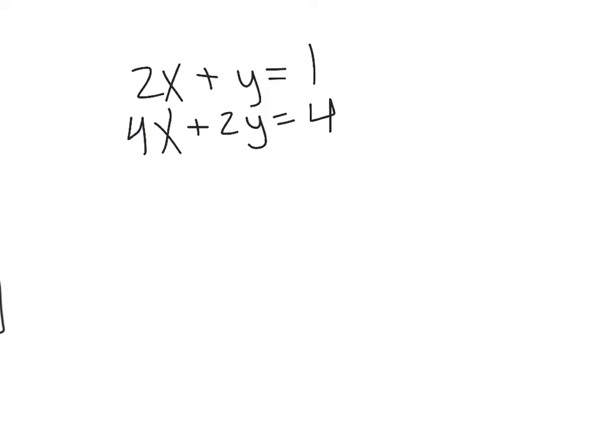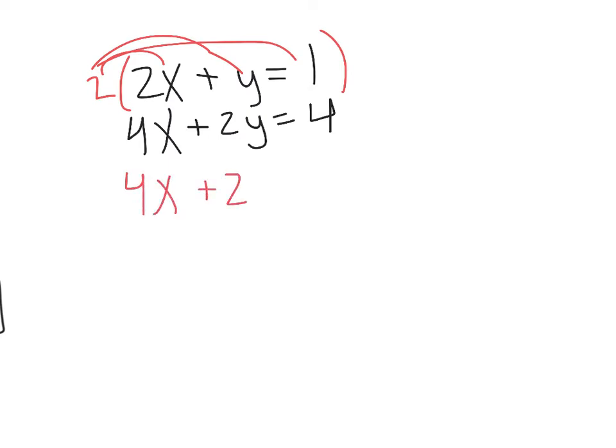So I'm going to multiply this top equation by 2, and my new equation is going to be 2 times 2x. Remember, I'm going to multiply this by everything. So 2 times 2x is 4x. 2 times 2y is positive 2y, and that's equal to 2.